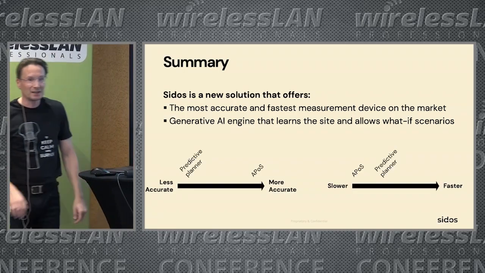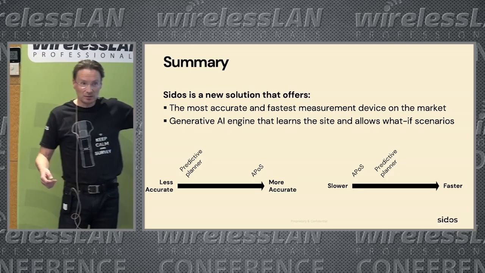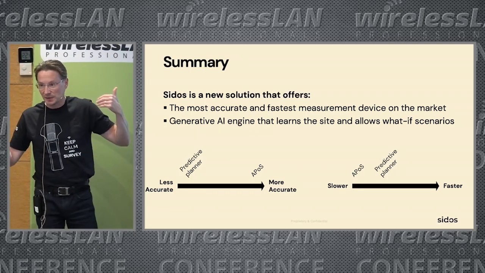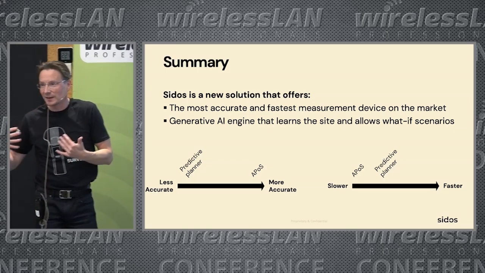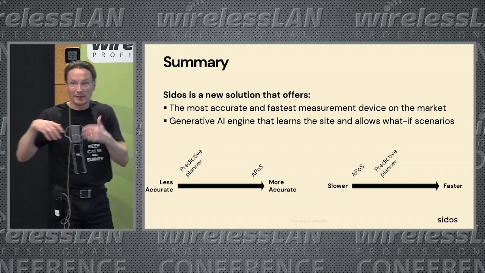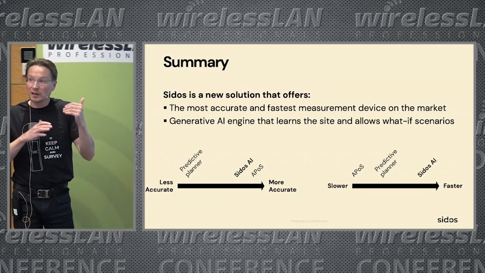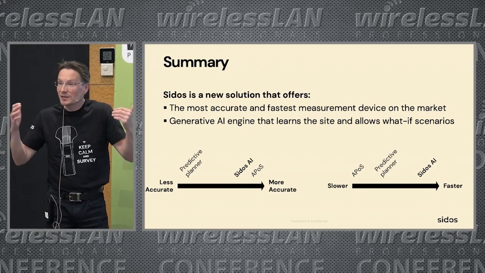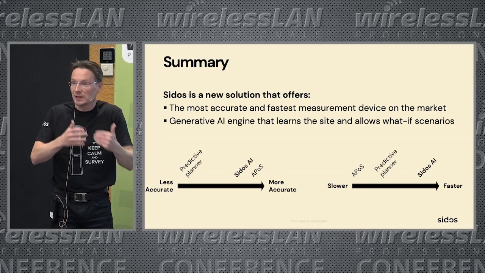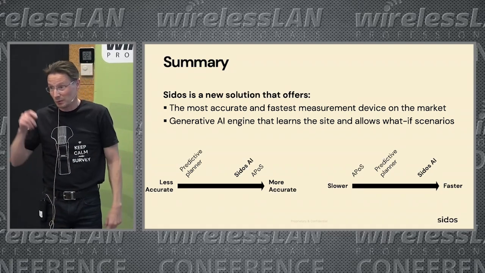So where does this land? Well, today you have predictive planners. They're less accurate, but they're faster to use. And then AP on a stick, you can't get more accurate than that because it's real, but it takes more time. So ours lands very close to AP on a stick in terms of accuracy, because it's based on the same results. It's based on real measurements, not you telling which wall is drywall and what is cinder block.